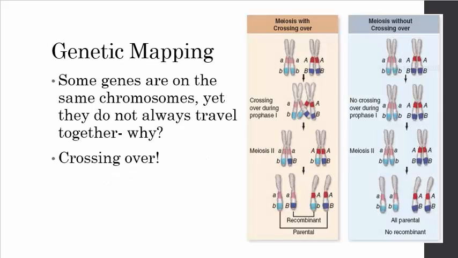We can map all of these alleles onto chromosomes. We've gotten a little bit better at it. The confusion comes from the fact that some genes are on the same chromosomes, but they don't always necessarily travel together. We've already hinted at this in class, and it's because of crossing over. 2 homologous sister chromosomes can exchange either arms or legs, and you switch where the genes are located.